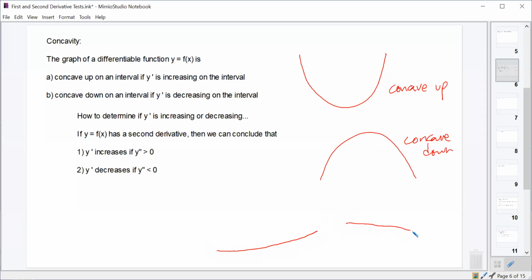Or barely going down, that is still concave down. It doesn't have to be as steep as these ones are, just so long as if I followed this same trajectory, this same curvature, I'd end up with something that eventually looked sort of like that. Right? Concave up and concave down.